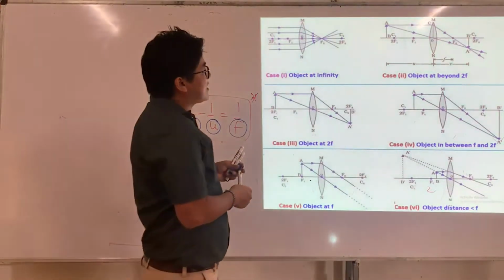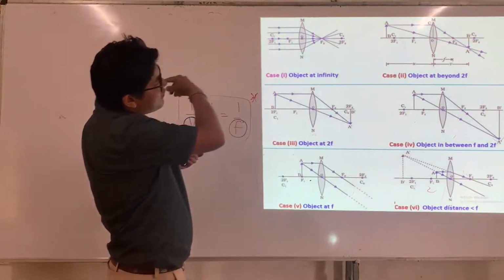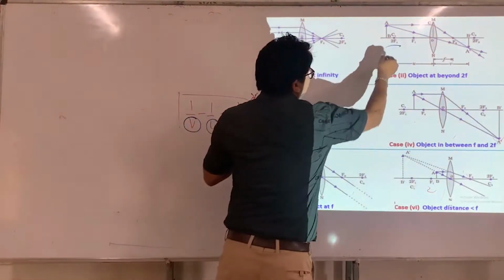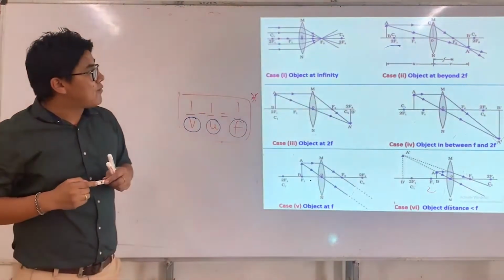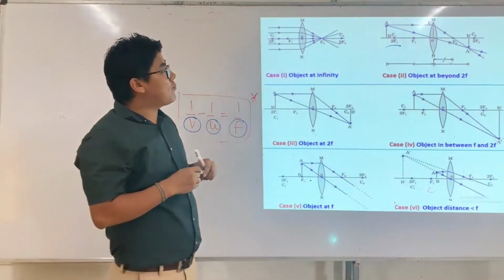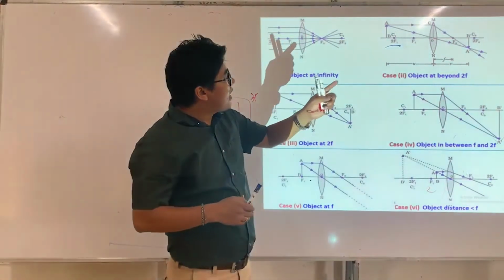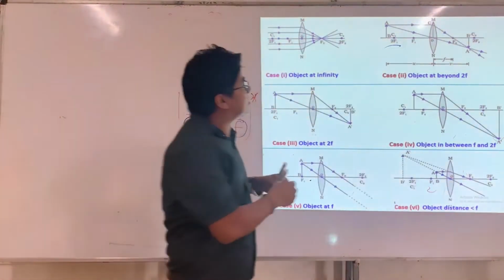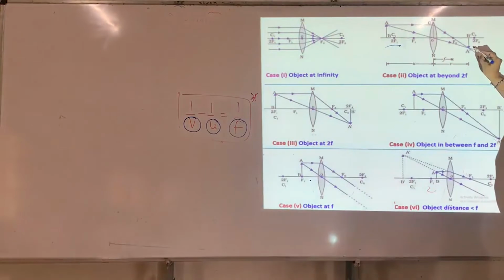And if the object lies between infinity and 2F1, then the image forms between F2 and 2F2. So the image is diminished. It is a real image.